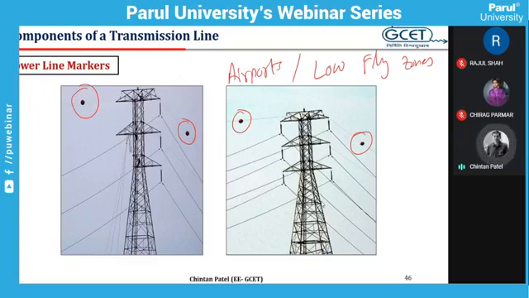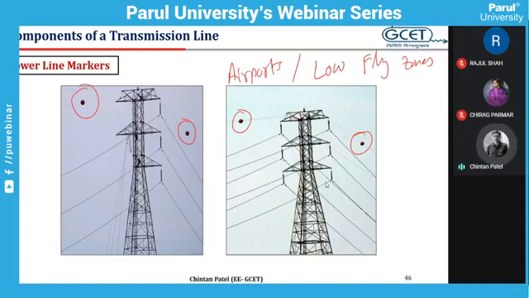Otherwise, there may be an accident between the transmission line and aeroplanes or helicopters. So this type of power line markers are used, which are visible from a distant place, and pilots of helicopters and aeroplanes can identify that there are transmission lines at a certain distance. So to prevent the accident, line markers are used.